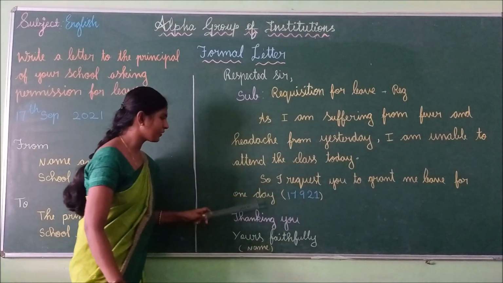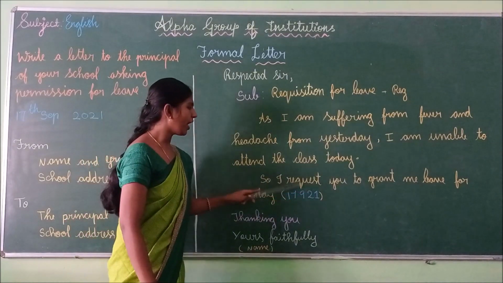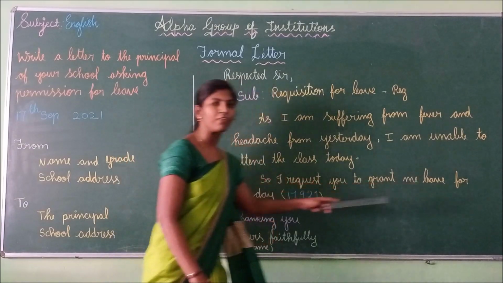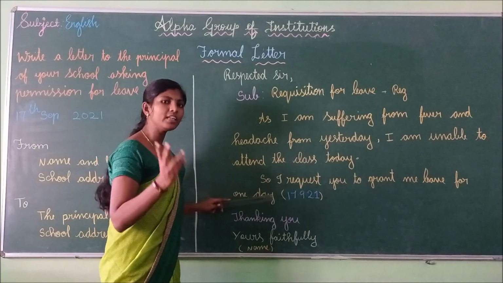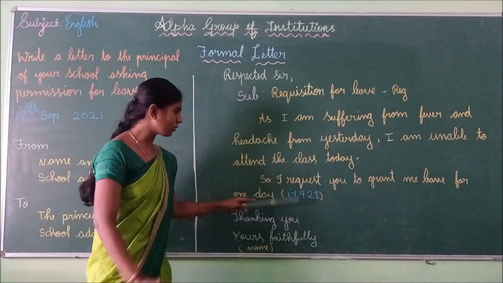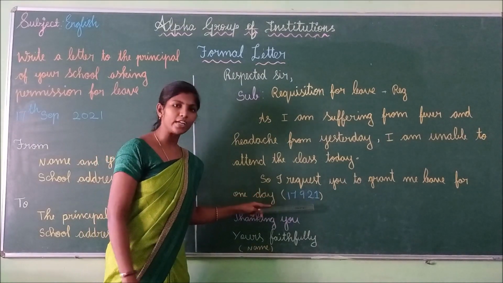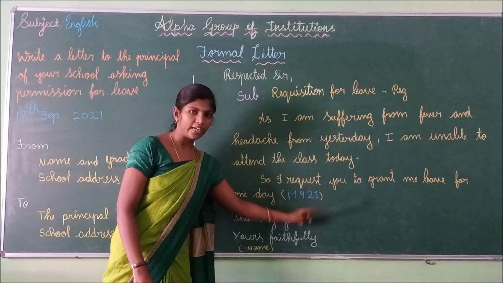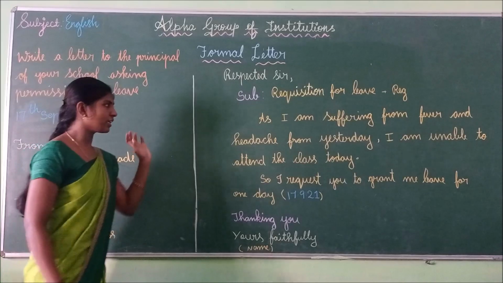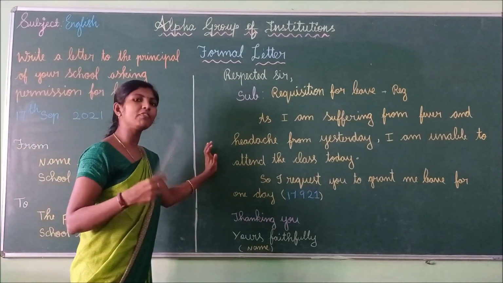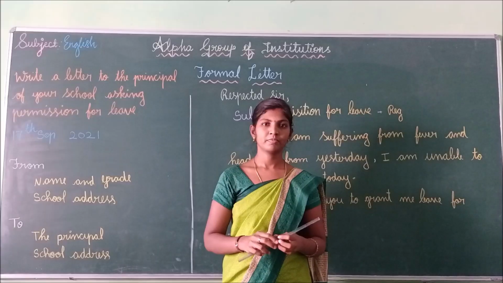For example, if I ask for 3 days' leave, I request you to grant me leave for 3 days, and I will write 17, 18, 19. So here I write 17/9/2021 to 19/9/2021. This depends upon the leave days you are taking.